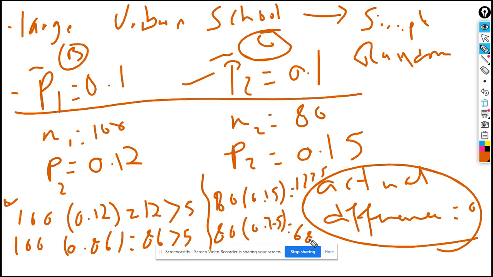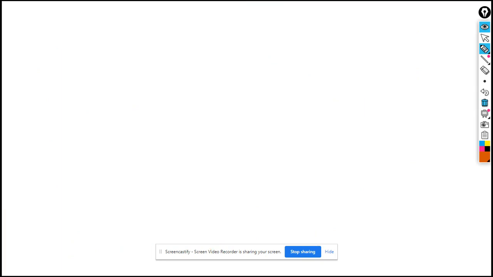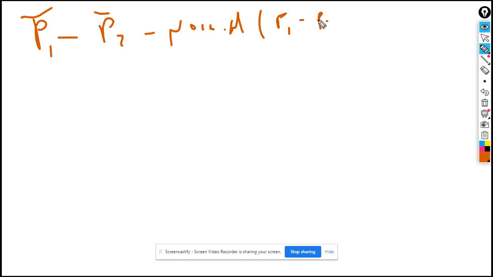Okay, how can I do the question? So proportion 1 minus proportion 2 is normal, with mean P1 minus P2, and standard deviation the square root of P1 times 1 minus P1 divided by N1 plus P2 times 1 minus P2 divided by N2. Now I'm going to start doing the probability.